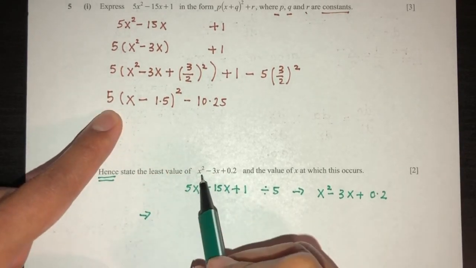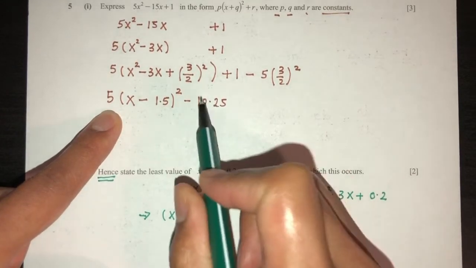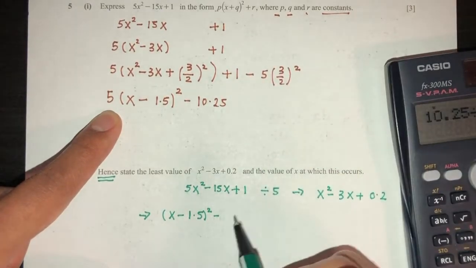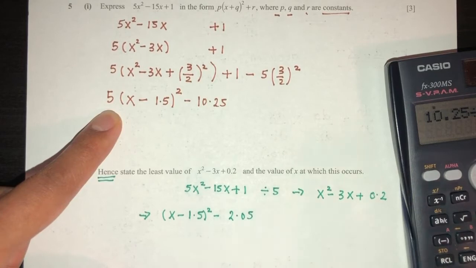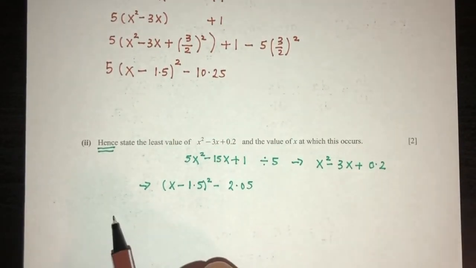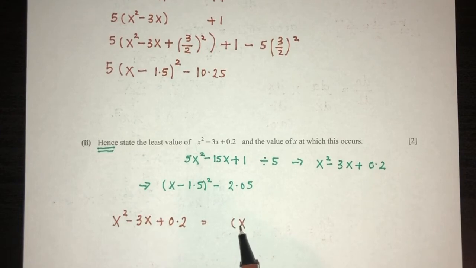So this one in complete square form will be (x minus 1.5) squared minus, so this divided by 5, that should be 2.05. So just to recap, if you want to complete the square of this, it is equal to (x minus 1.5) squared minus 2.05.